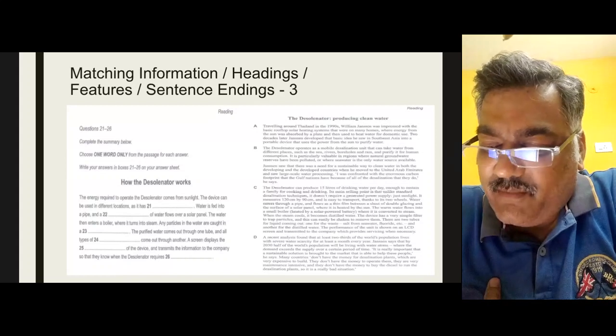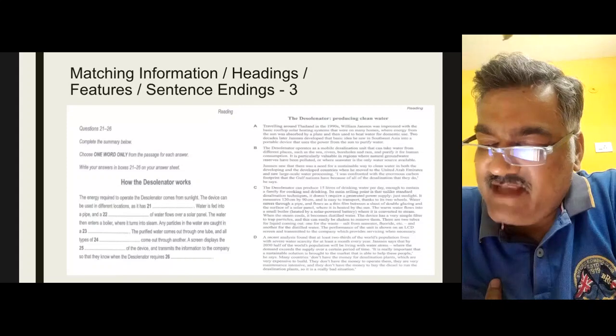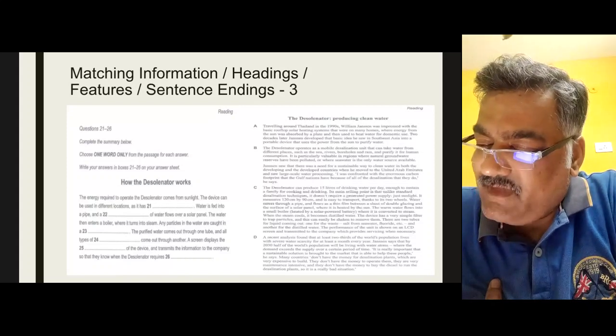The energy required to operate the desalinator comes from sunlight. The device can be used at different locations as it has. Where is that statement?